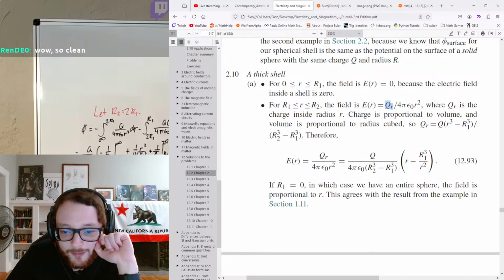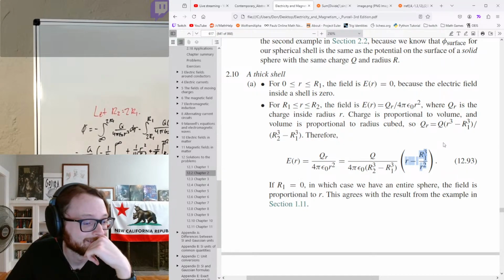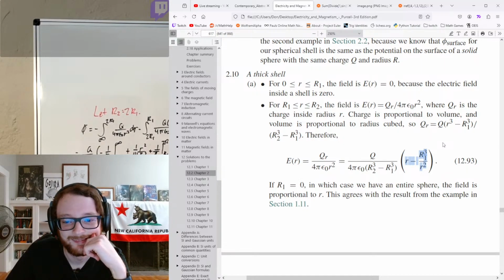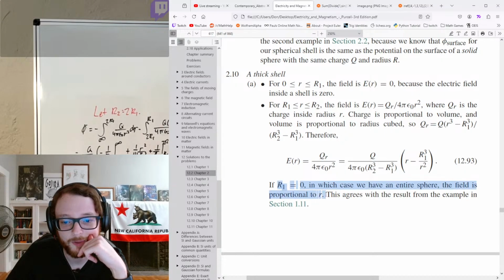Wait. They multiplied this R squared into that. Oh, it makes the integration easier, I guess. Okay, sure. Oh, okay, and I noticed this part on my own, that being proportional to R matches a solid sphere.